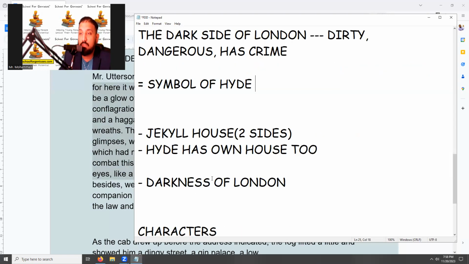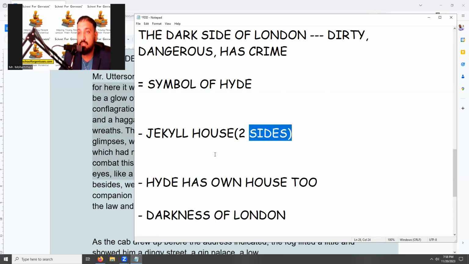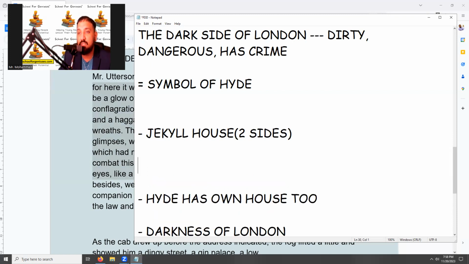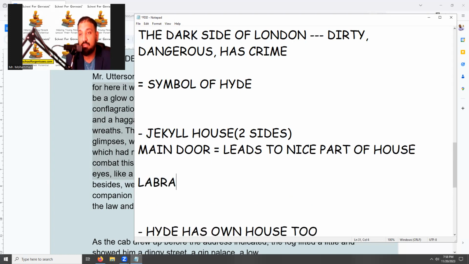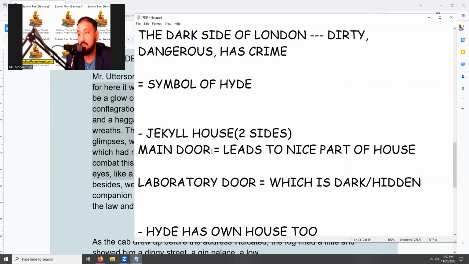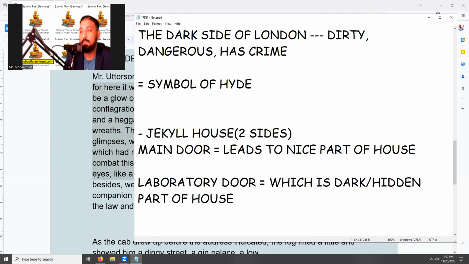Now, that's the overall big picture setting. Again, I'll just quickly talk about Jekyll's house. The way to understand Jekyll's house is that it has two sides to it. It has the front door, the main door, which leads to the nice part of the house, and then it has the laboratory door, which is the dark, hidden part of the house.